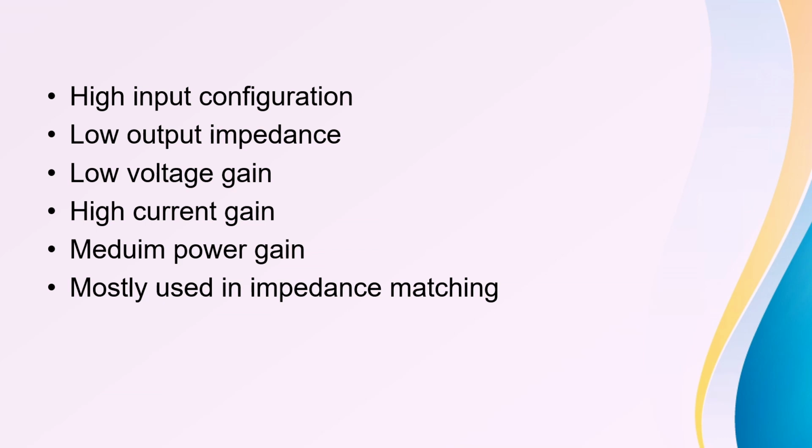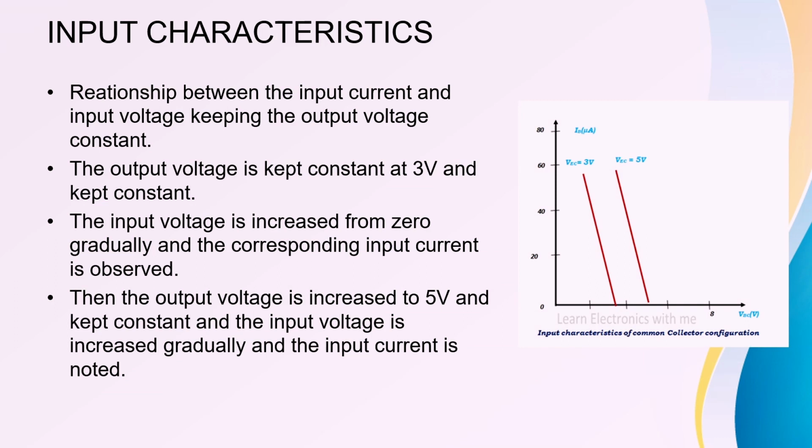For this, the voltage follower is used, and it has high input impedance and low output impedance, which matches the high output impedance of the circuit and the low input impedance of the other circuit which this voltage follower is connected to. So, the input characteristics of common collector configuration.